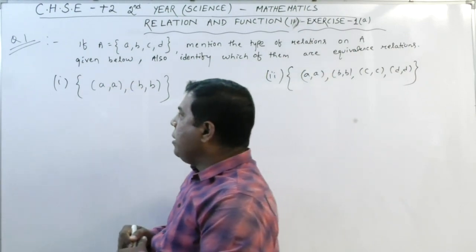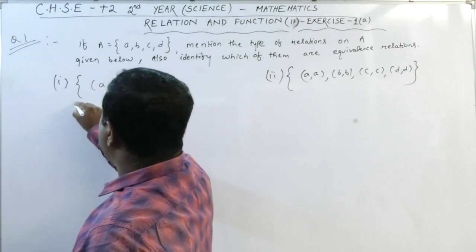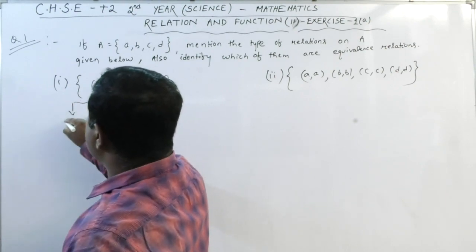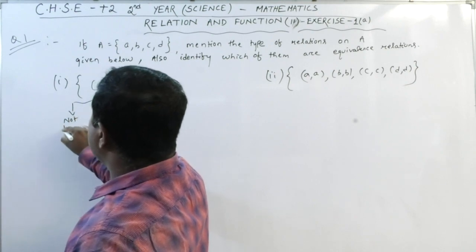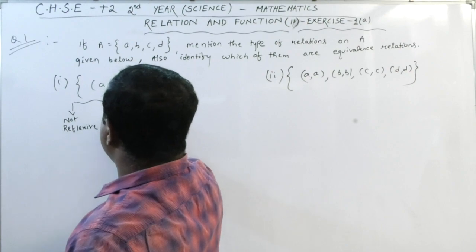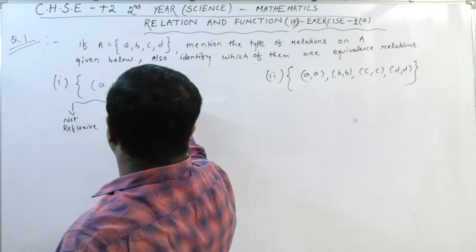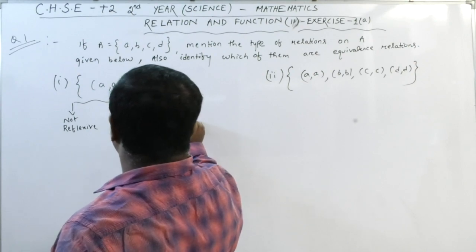So bit 1 is what type of relation? It is not reflexive, it is symmetric, and it is transitive also.